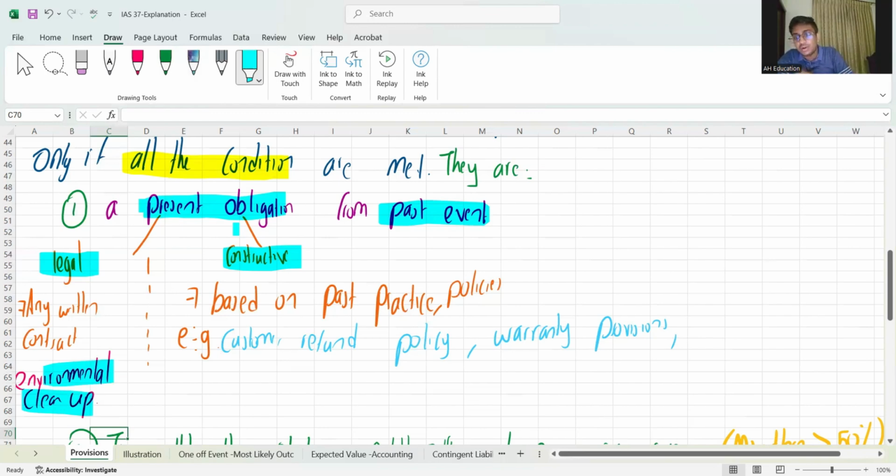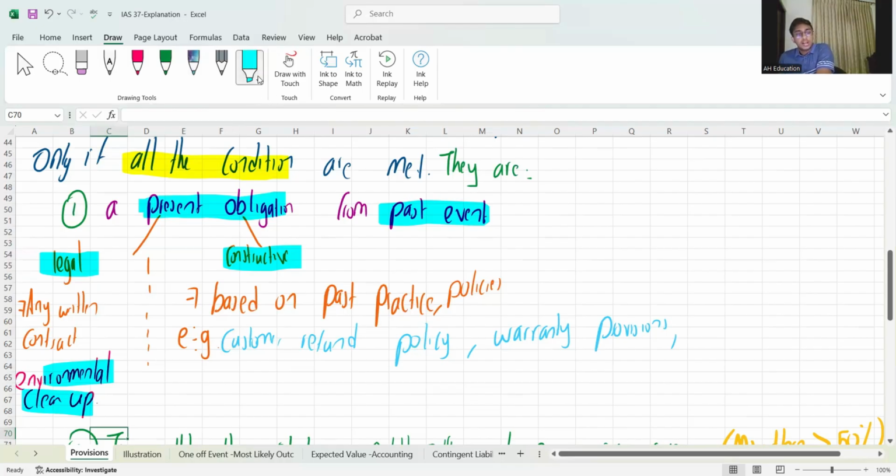Okay, why? You all know, right? It will damage the ocean bed, it will cause water pollution, all of those. After this business runs its activity, they will make sure that they do the cleanup. Okay, that is also another legal obligation. Why? Because they are writing it and giving it in written statements.